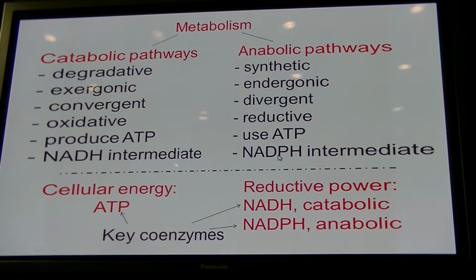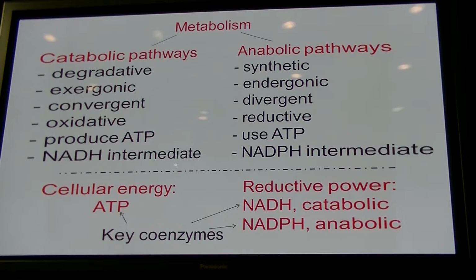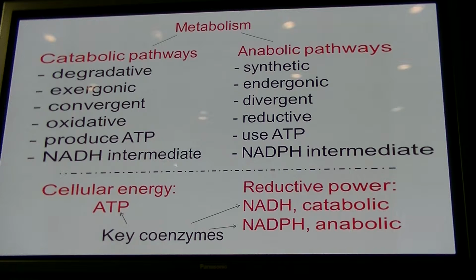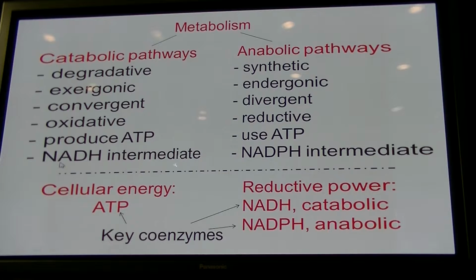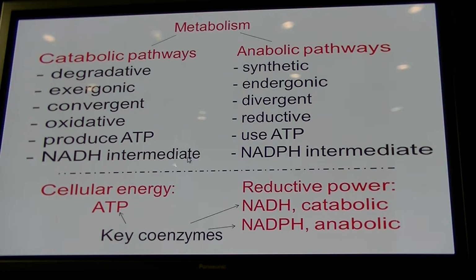So enzymes that function in build-up reactions in anabolic pathways have pockets that recognize that extra P on the NADP, whereas enzymes that function in breakdown reactions have a binding pocket that recognizes just the NAD. So, in general, enzymes involved in breakdown reactions and in build-up reactions are separate entities in the cell.